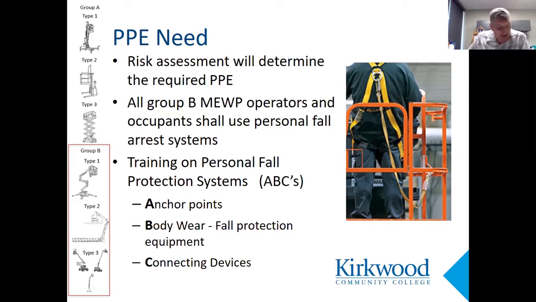Note there on the left that all the Group B MEWP operation occupants shall use fall protection. They did not require fall protection for Group A, but I don't think that's a bad idea. Training on the PPE includes, I just want to put this in there, your ABCs of fall protection: your anchor points, the body wear, the fall protection equipment, and then your connecting devices.